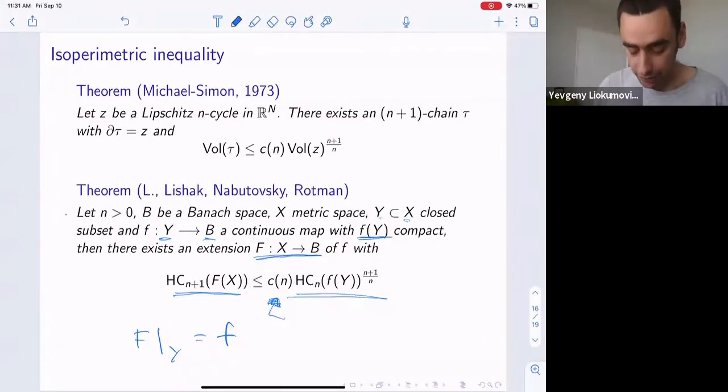You want to say that this image F of X not only has small Hausdorff content, but will actually lie close to the boundary, close to little f of Y. Except possibly for topological reasons, you cannot make all of it lie close to little f of Y, but you can make a large part of it lie close to f of Y. That is, except for a set of zero n+1 dimensional Hausdorff content, everything else will lie in a radius which is bounded by the n-dimensional Hausdorff content of little f of Y.